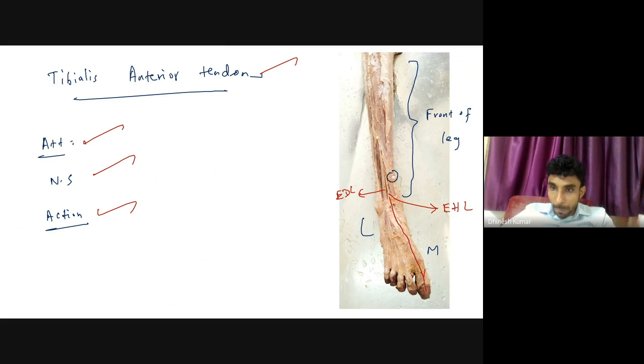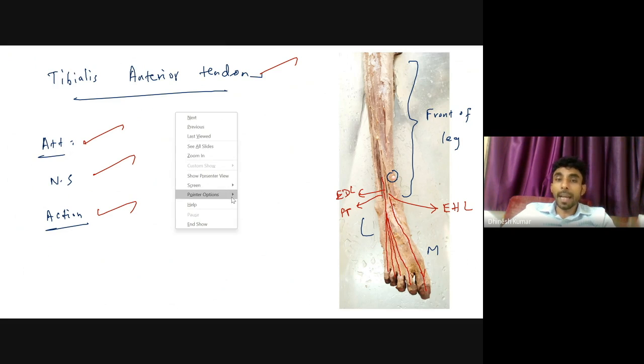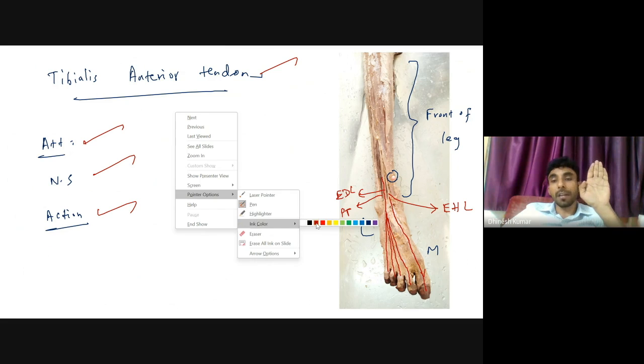And you are able to see the extensor digitorum longus tendon dividing into four tendons for the lateral four toes. The lateral most muscle you will be able to see here is peroneus tertius. All these four muscles have the common action of dorsiflexion of ankle joint.